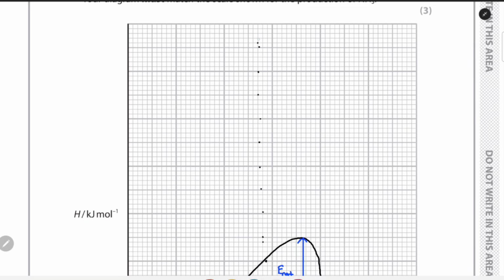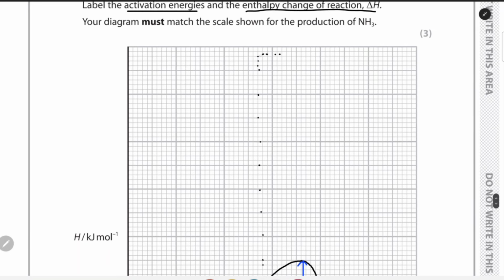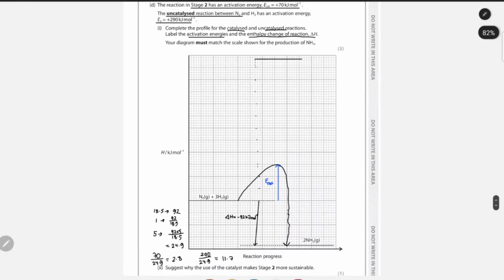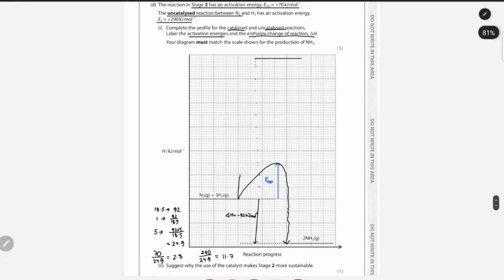So this is 0.246, somewhere along here, somewhere along this. So this is for the uncatalyzed reaction. For this reaction, the activation energy would be from here, this.